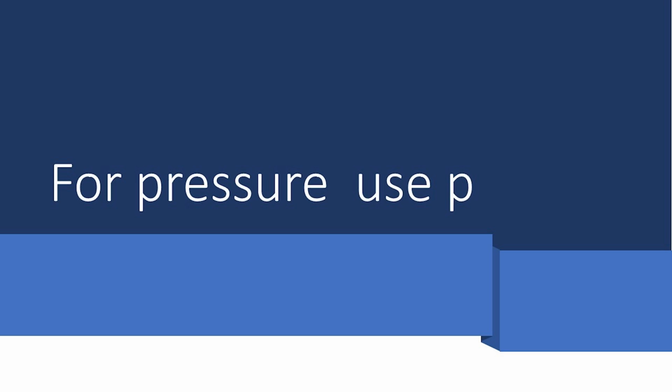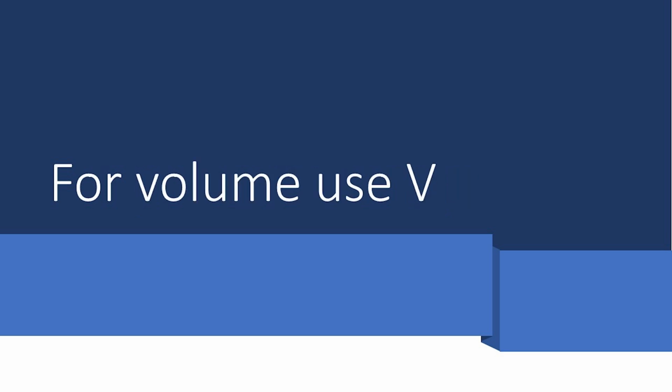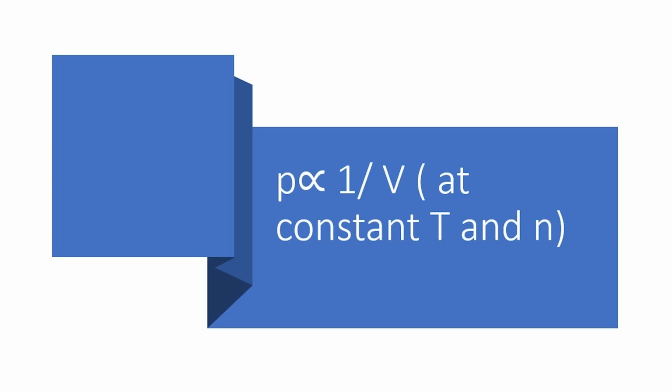Please try to represent Boyle's law mathematically. For the pressure we can use P and for the volume we can use V. Then the representation of Boyle's law becomes P inversely proportional to 1 by V.